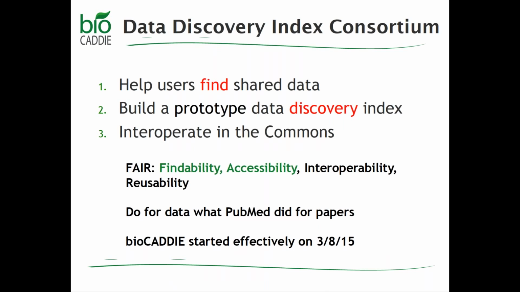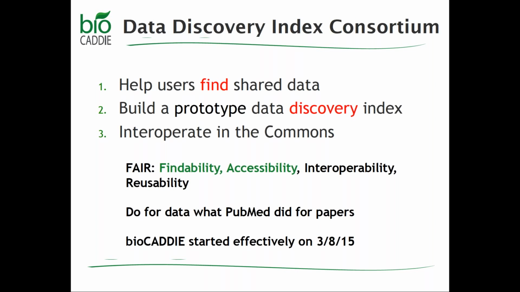So we started the Data Discovery Index Consortium with the goal of helping users find shared data, build a prototype for a data discovery index, a search engine, and interoperate in the commons. So in accordance with the FAIR principles, our primary goals are to find and access data, and the other I and R are also desirable, but are not the total focus of our projects as of now.